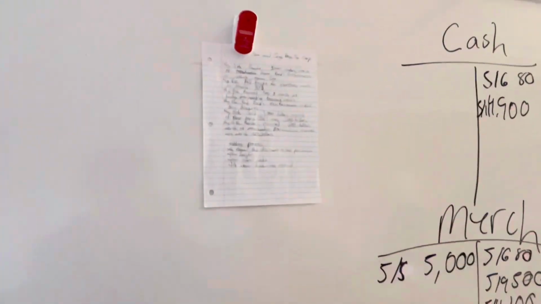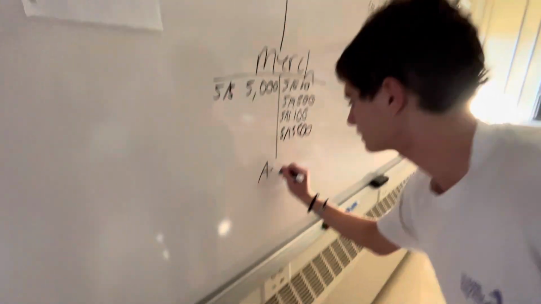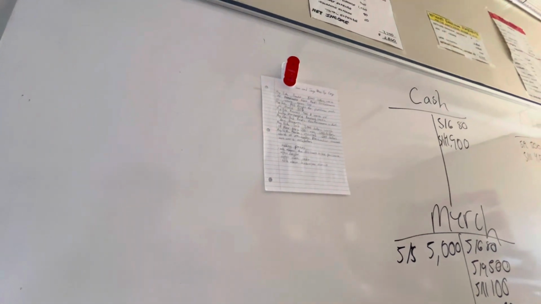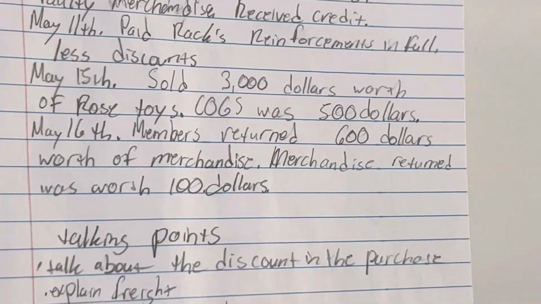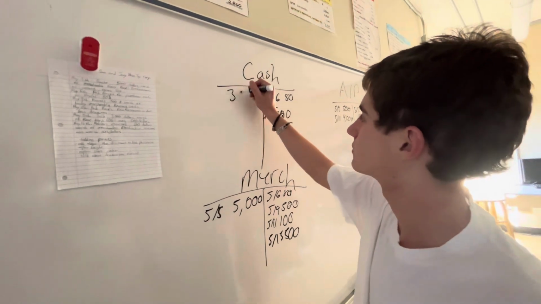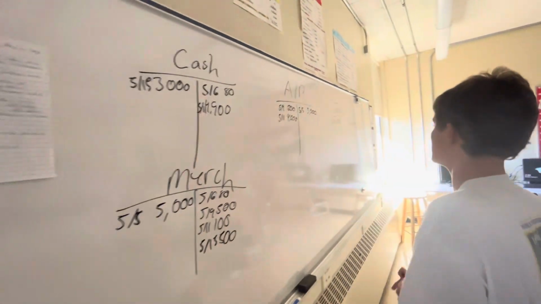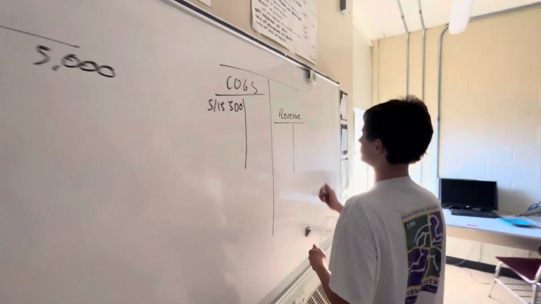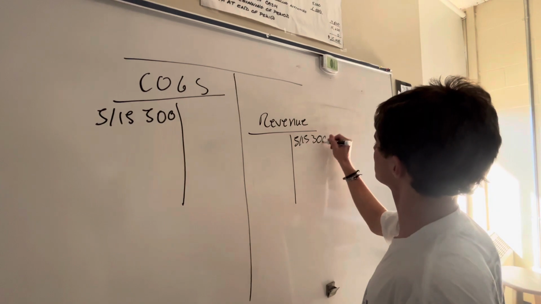We also have to put our $3,000 that we sold. Do we create an accounts receivable, or did we receive cash? It doesn't specify that we sold it on account, so we're going to assume that we received cash. So 3,000 here, 5/15, and then we come over to revenue and we write 3,000 here.